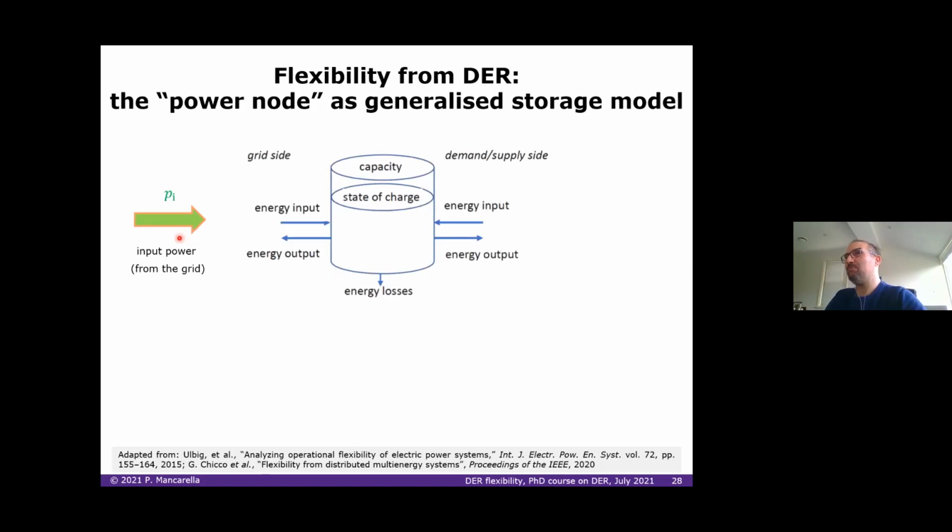As you have input from the grid, then there is some storage in here, like for example, batteries, just to be very, very concrete. And there will be some output power going to the local demand. And then you can model this local demand in a more specific way and also actually detail some more characteristics.